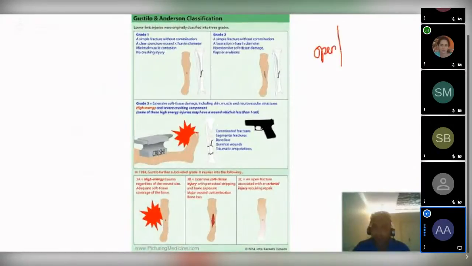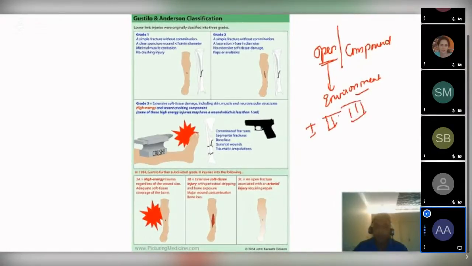Open means the fracture is open to the environment. Closed or simple fracture means the skin is not broken. Gustilo-Anderson is classified into 3 types: 1, 2 and 3. Type 3 is further A, B, C.